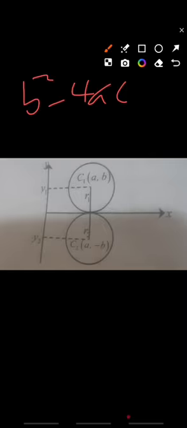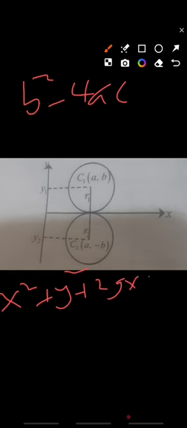Now, we need to understand that the general equation of a circle, that is x squared plus y squared plus 2gx plus 2fy plus c is equal to 0, comprises two quadratic equations.